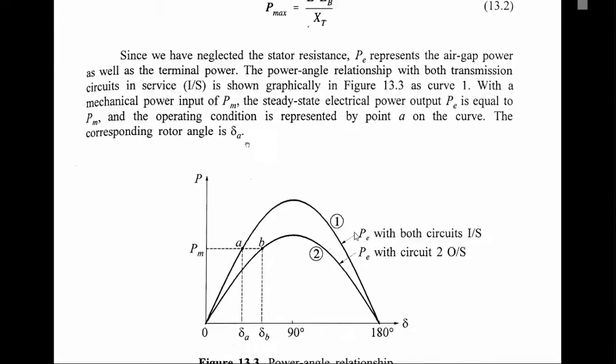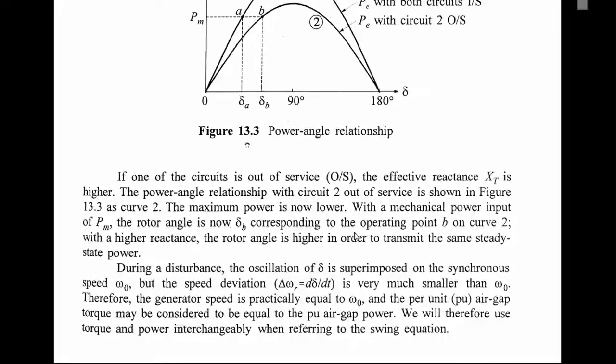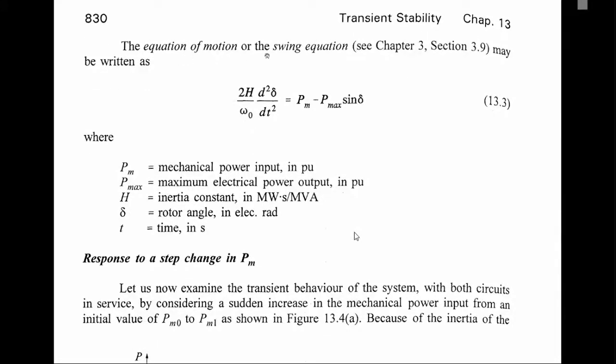The next thing you need to know is this equation of motion, or swing equation, where H is the inertia constant in megawatt second per MVA, and omega naught is the initial speed of the rotor. Delta is the rotor angle. We have PM, the mechanical power, Pmax, the maximum electrical power, and sine delta. You keep this in mind.